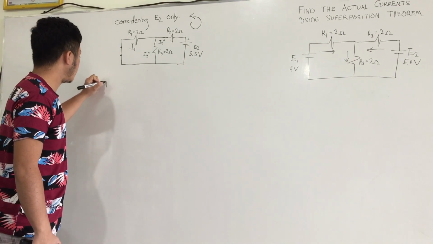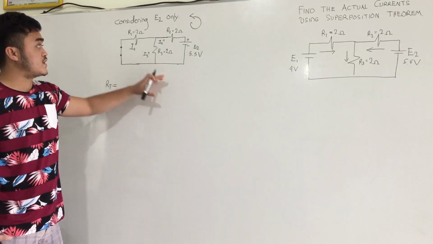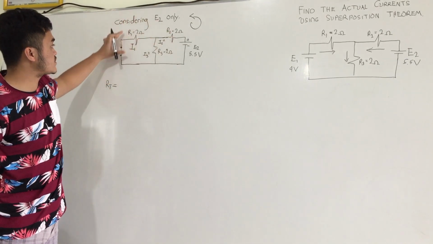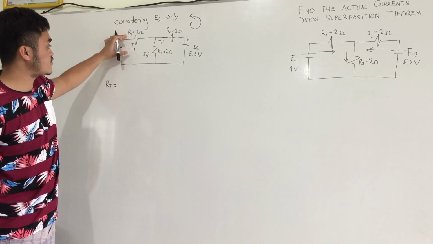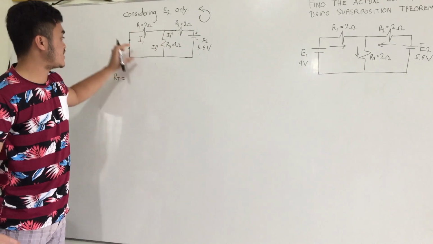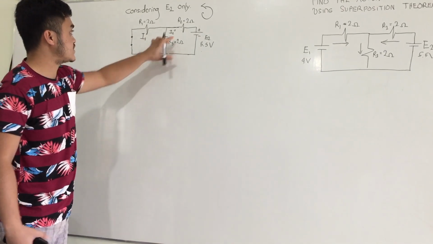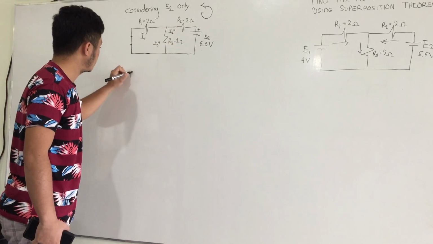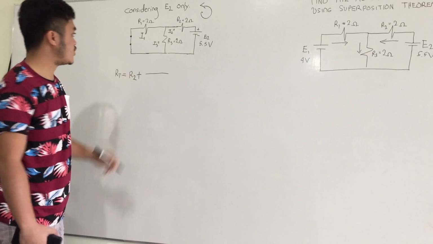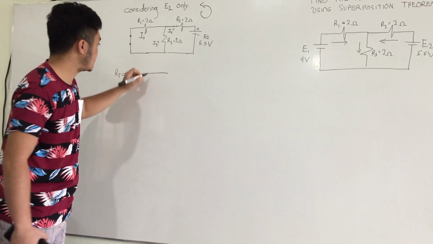So first, we need to find the R total. As we can see here in the diagram, the R2 is in series connection with the parallel connection of R1 and R3, since there are 2 common nodes, and since this is short-circuited. So R total is equal to the series of R2 plus the product over the sum of the parallel combination of R1 and R3.